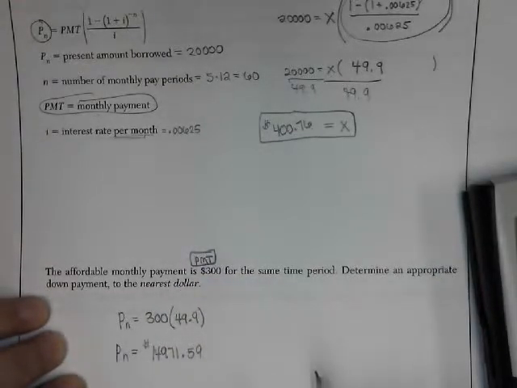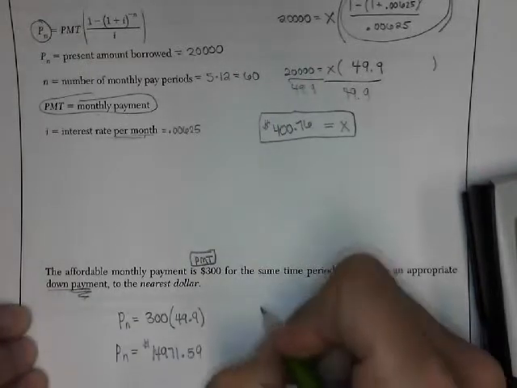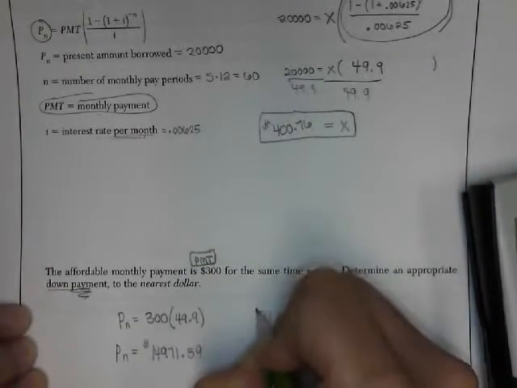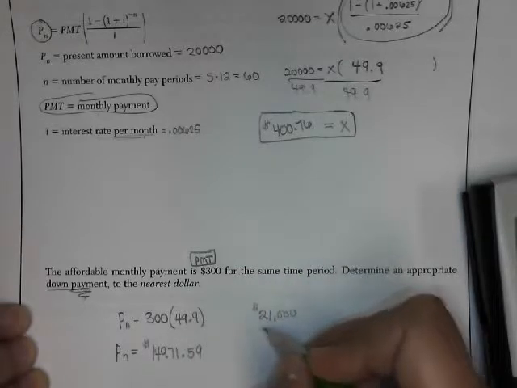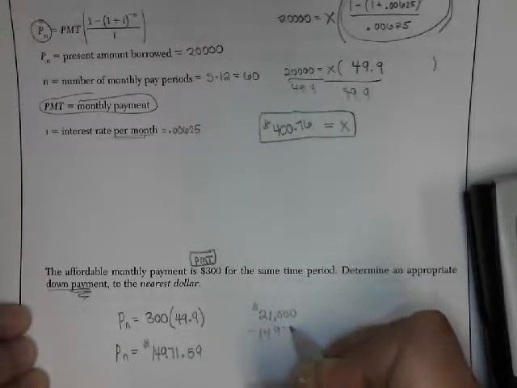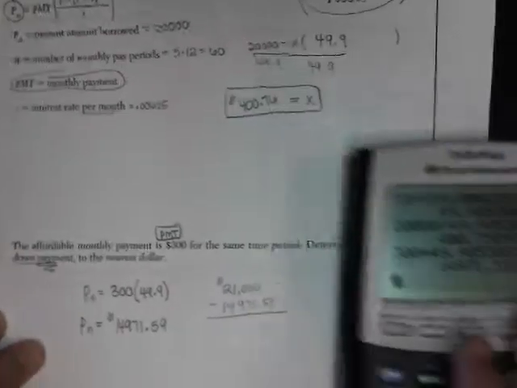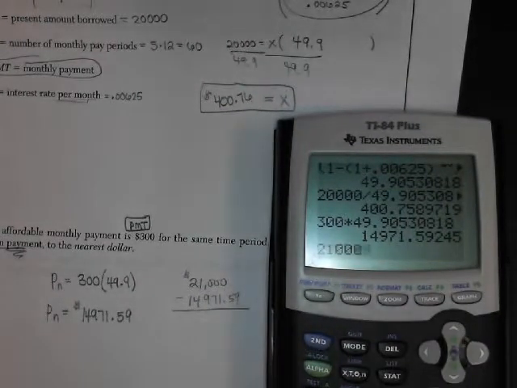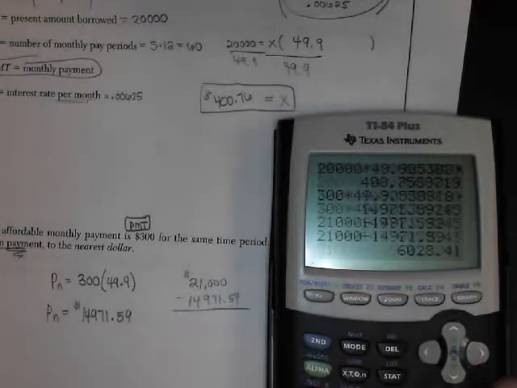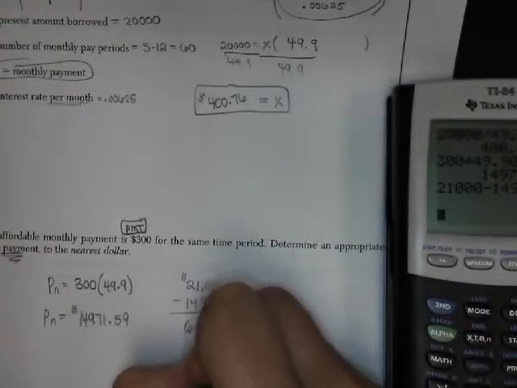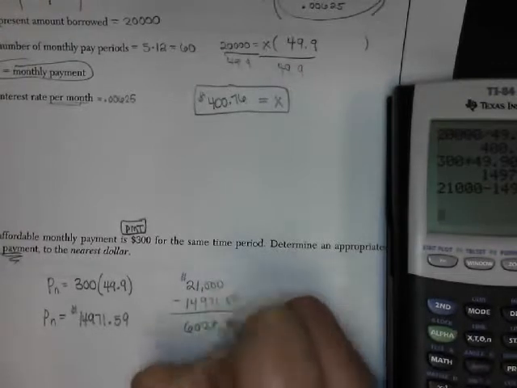So what should my down payment be? Okay, well, the car cost $21,000, and I am going to take a loan out of $14,971.59, and so that means I need a $6,028 down payment.